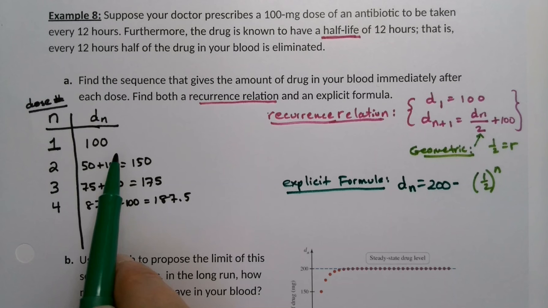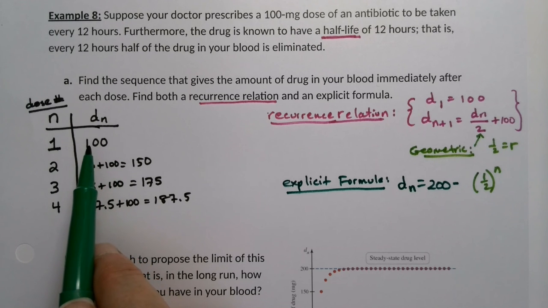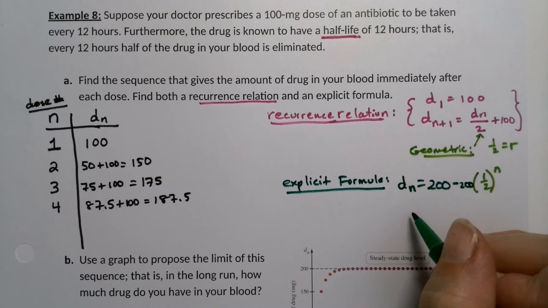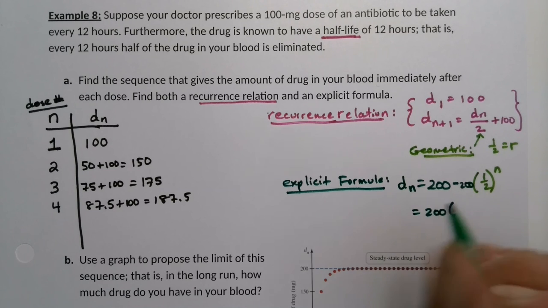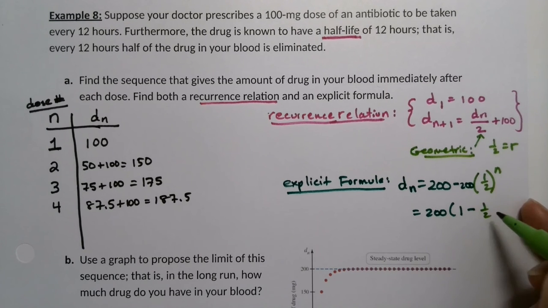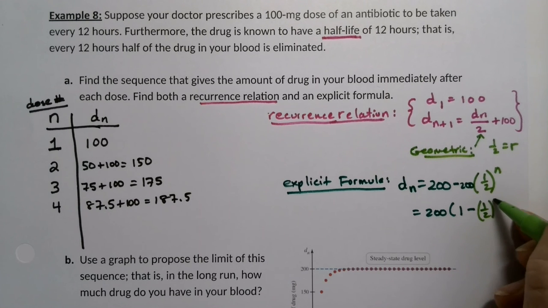But the trick is that in between, you've lost some of it. So it's 200 minus 200 times 1/2 to the n, or you could say 200 times 1 minus a half to the n.